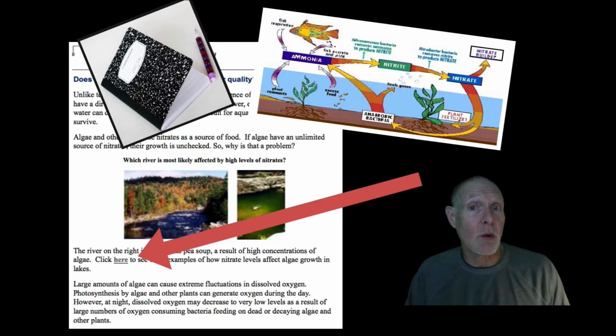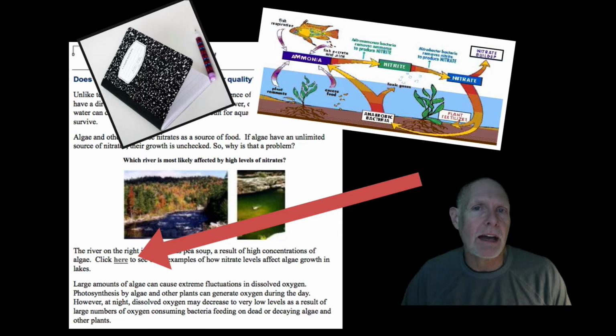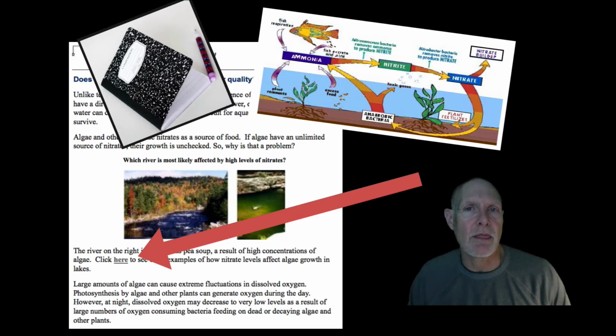Well, the plants in the water are using the nitrogen, but in some cases, if there's too much nitrogen, it acts like a fertilizer and it makes the plants grow too much, and the high levels of nitrogen in the water in the form of a nitrite or a nitrate are harmful to the animals that live in the water. So there needs to be a balance of the nitrogen products in the water.